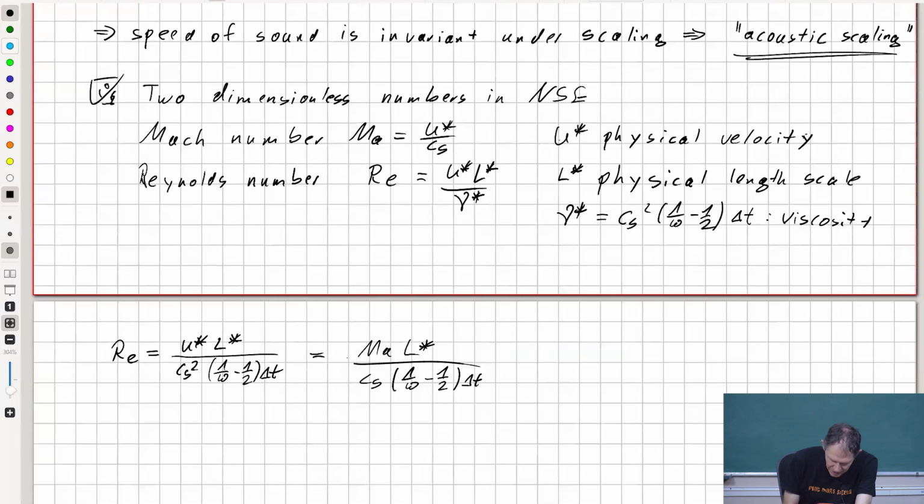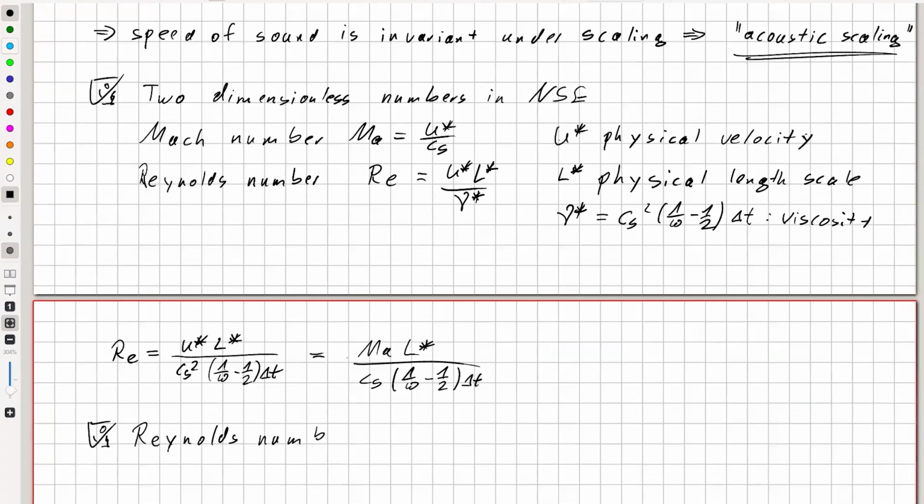Now, as I said in the beginning, one important thing for us is that we want to do simulations, and in simulations, the Reynolds number should not depend on the discretization. So the Reynolds number must be independent of the grid size and the time step.